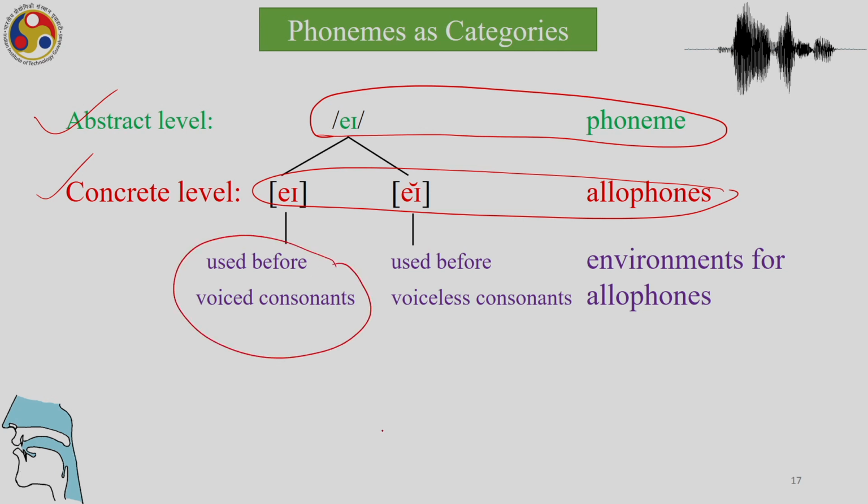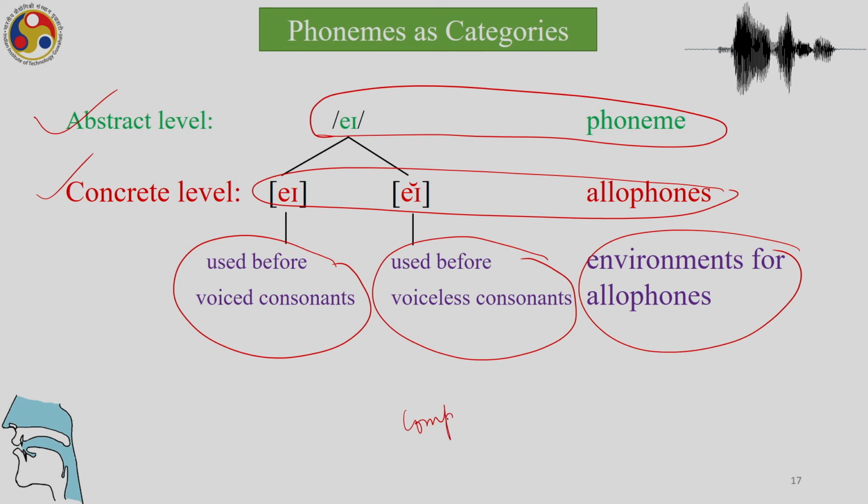This is the environment that is before voiced consonants, and this is the environment that is before voiceless consonants, and these are the environments for allophones, and these are in complementary distribution, and this is not contrastive distribution.